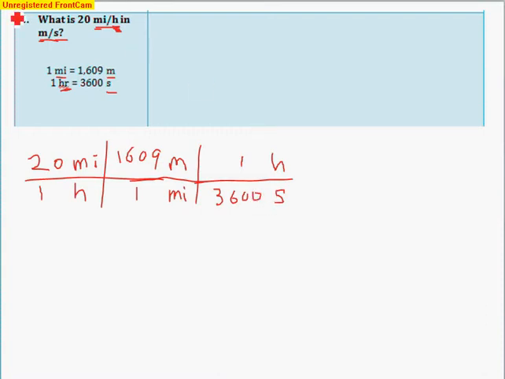Alright, now let's start canceling stuff out. The mile upstairs cancels out with the mile downstairs. What cancels out hours? Well, there's an hour upstairs to cancel it out. Now, there's nothing to cancel out the meters, so I'm going to have a meter left upstairs. There's nothing canceling out the seconds, so the second survives downstairs.